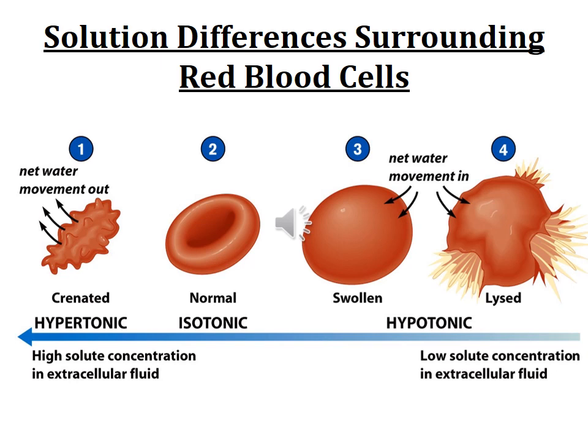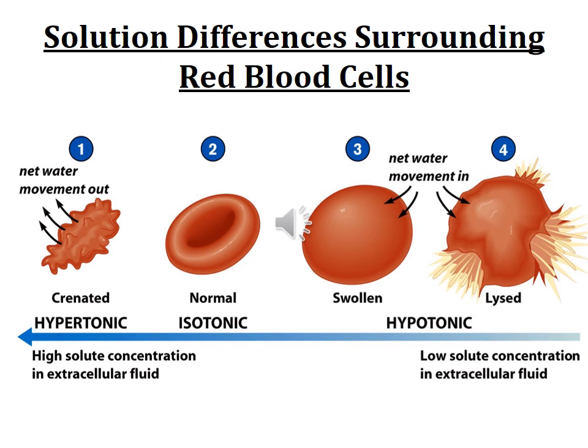In this case, the high concentration is on the outside. So water will move from inside the red blood cell to the outside, into the solution. And this will cause the red blood cell to shrink, to shrivel.